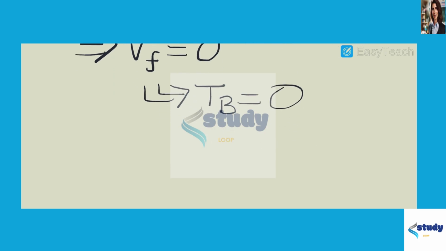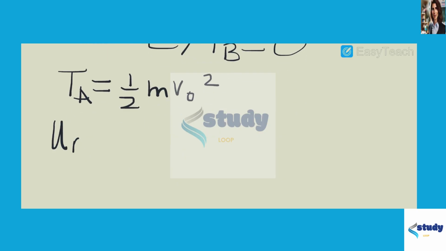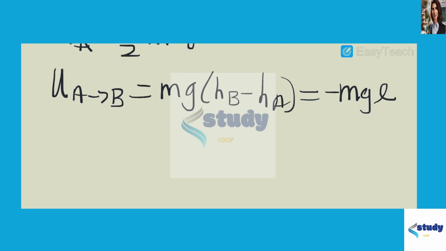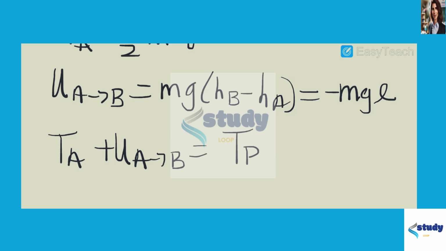So now we can use our kinetic energy argument. We know that the kinetic energy at A is going to be 1/2 m v0 squared. The work from A to B is again going to be mg times hb minus ha, which is negative mgL. We know that TA plus the work from A to B is equal to the kinetic energy at B, which is just 0.